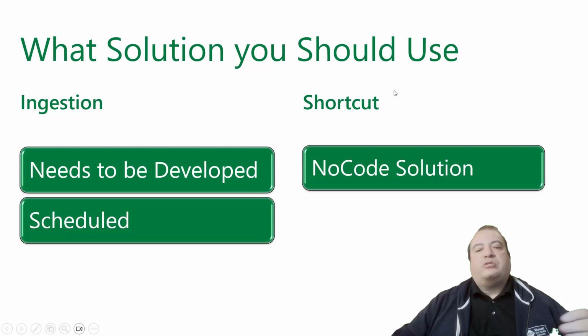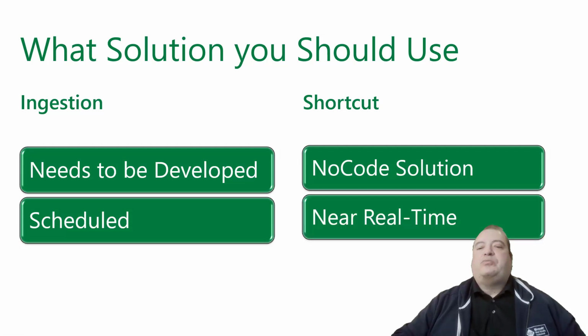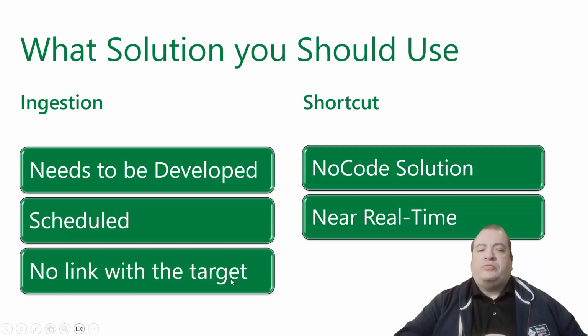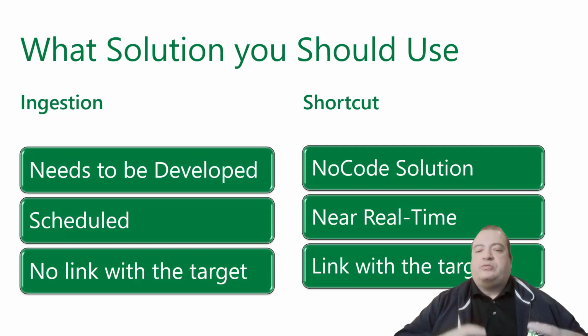The shortcut transformation is near real time with response delays. The ingestion solution keeps no link with the target. In this case, you can drop the original files, you can archive the original files, move them to a different place, it's your choice. But the shortcut transformation solution keeps a link with the target.